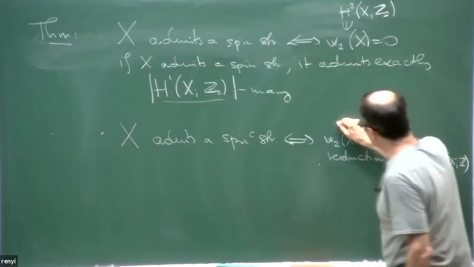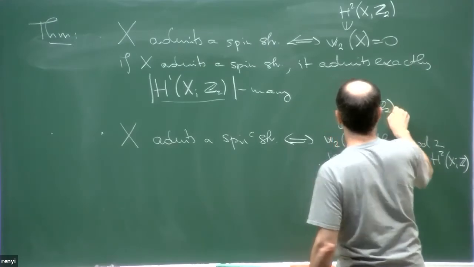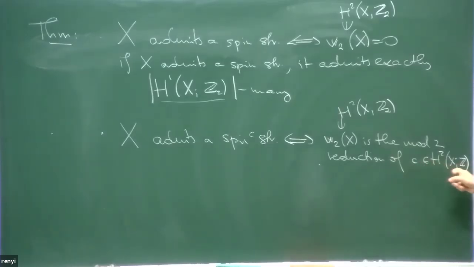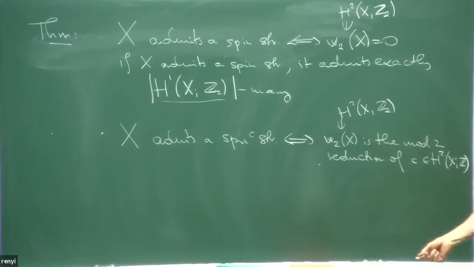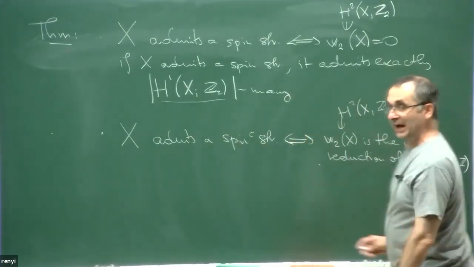Remember, this is in H upper 2 with Z2 coefficients. And some of these guys are given by taking somebody with integer coefficients and mod 2 reducing it. Some others might not. X admits a spin C structure if and only if this happens.